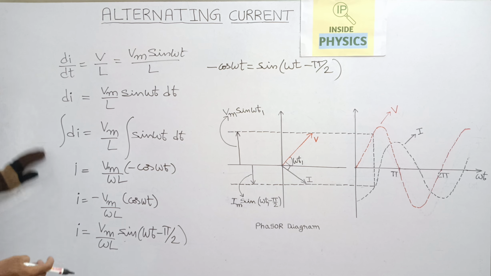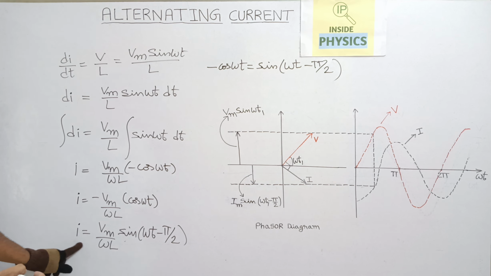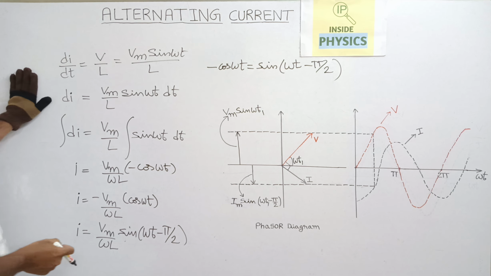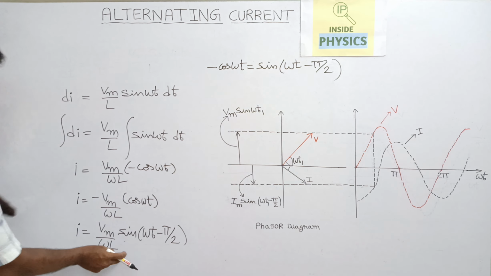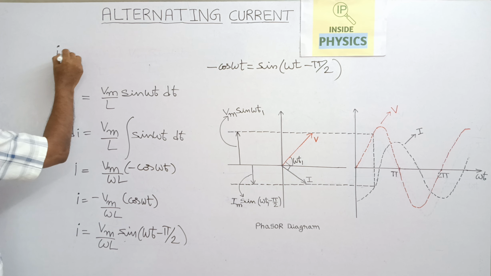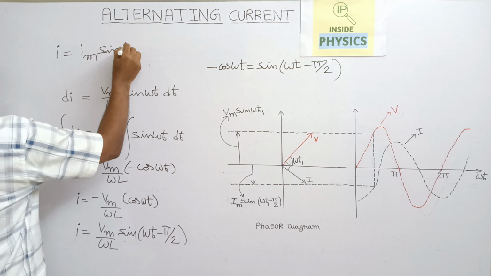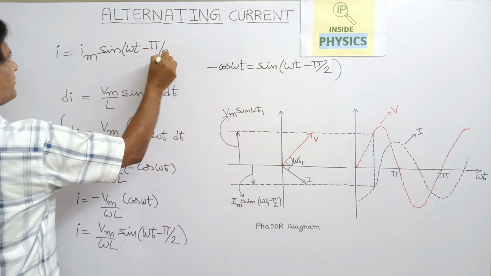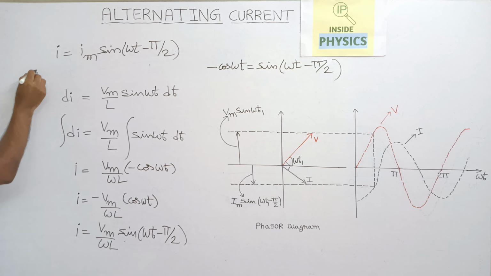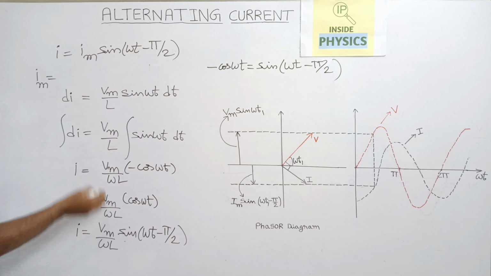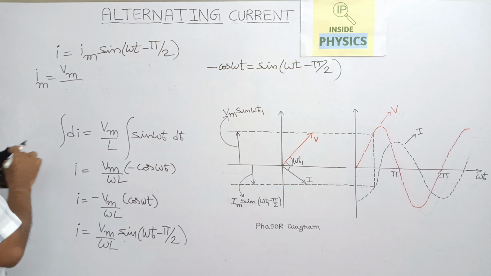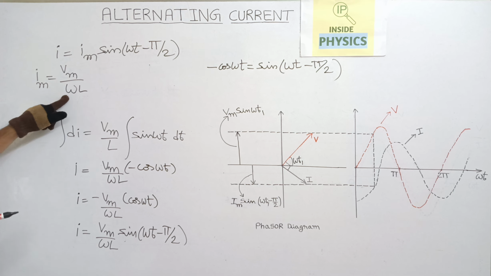This term we can equate to Im. So I is equal to Im sin omega t minus pi by 2, where Im is equal to Vm by omega L. This comes from Ohm's law, where V is equal to IR.